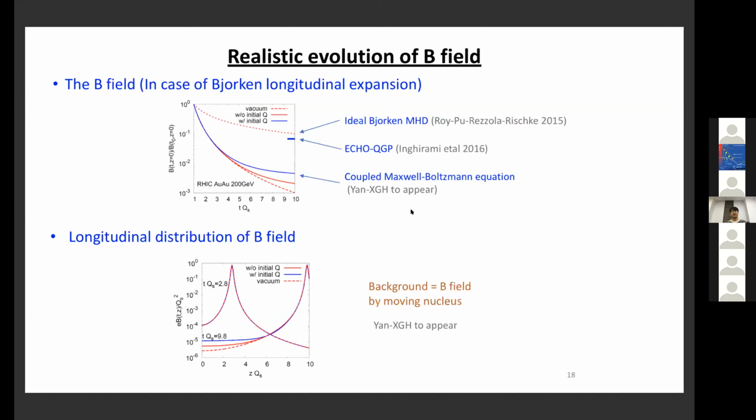Here is the result. In the case of a Bjorken longitudinal expansion, our result shows that when we have the medium, the B field decay is much delayed. However, it's still much smaller than that obtained by hydrodynamics if you assume that the hydrodynamics can start from the very beginning.